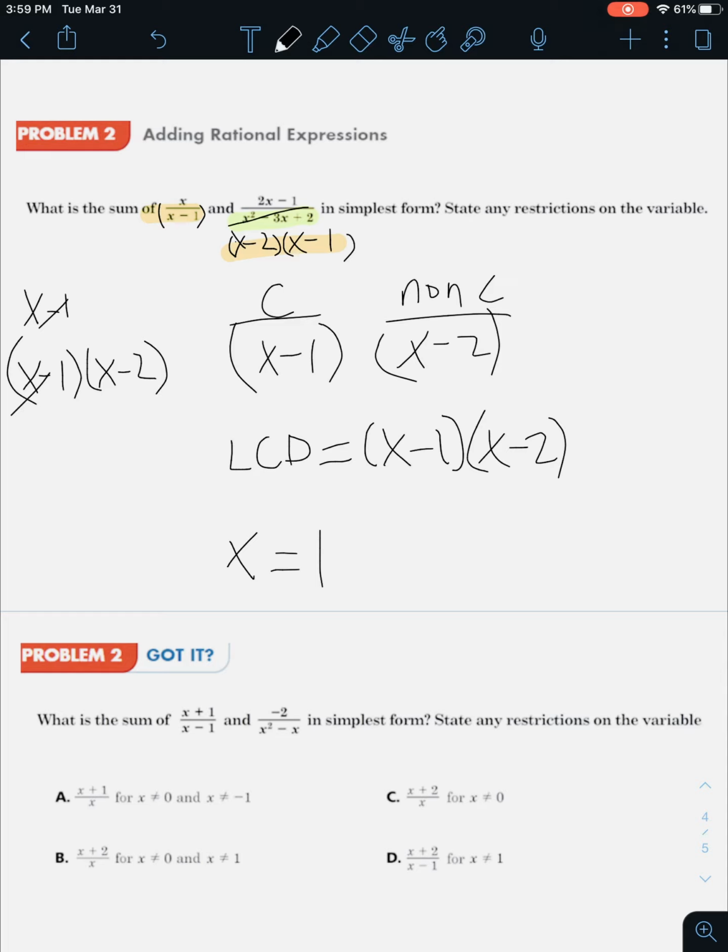And x cannot equal 2, because if you had the x minus 2 in the denominator, you could not have a 2. So x cannot equal 1 or 2, but x can be all other real numbers.